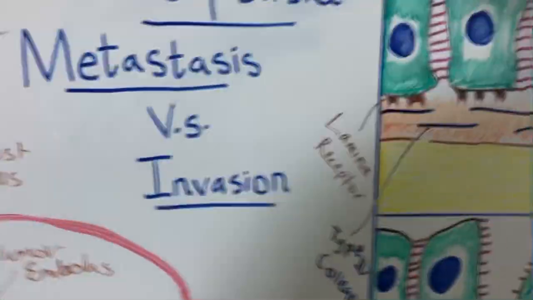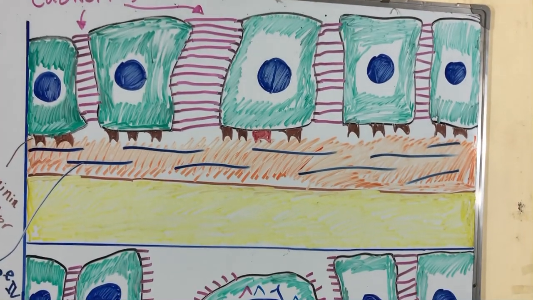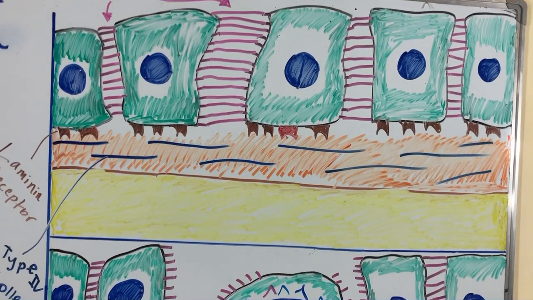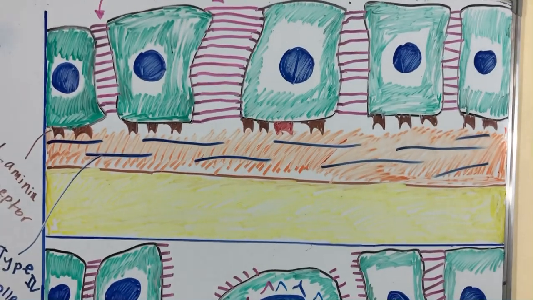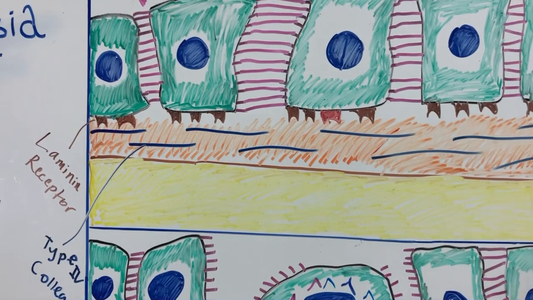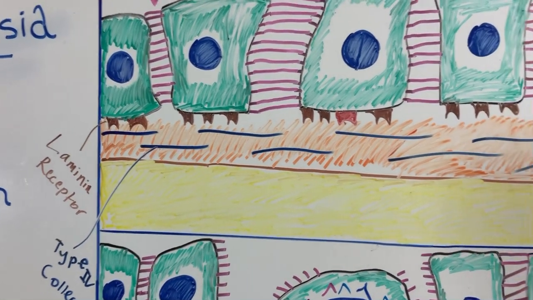The first thing is we begin with one cell known as the transformed cell, that one bad apple that turns the entire basket into bad apples.